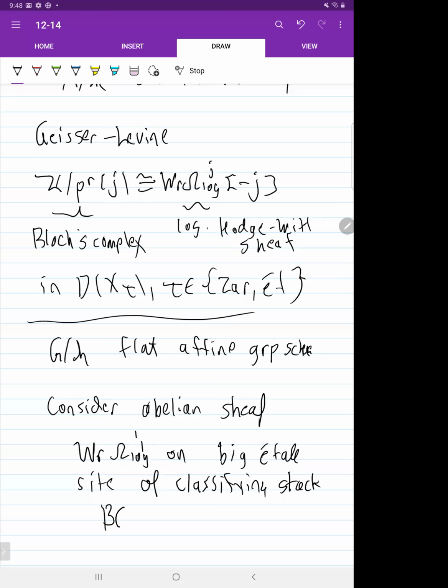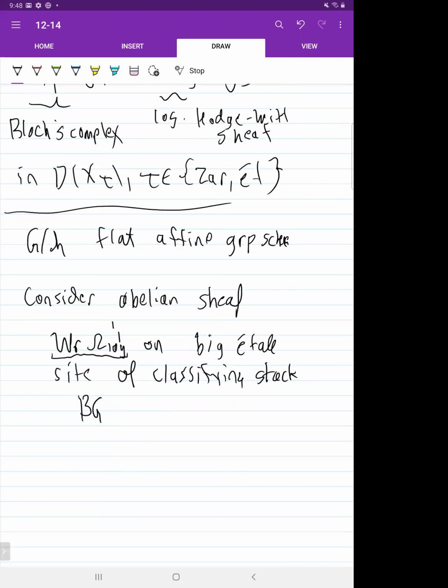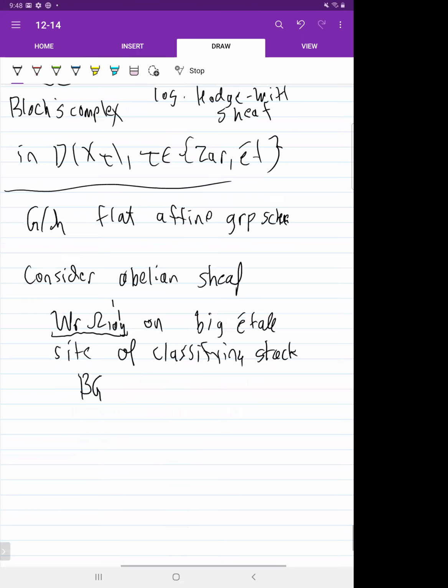So I think in older papers, this object here is usually only defined for smooth schemes, but you can also do it for arbitrary FP schemes. So I believe it is valid to define this on the big étale site. So you're going to have to deal with potentially non-smooth schemes.